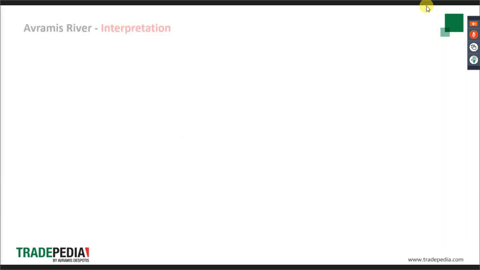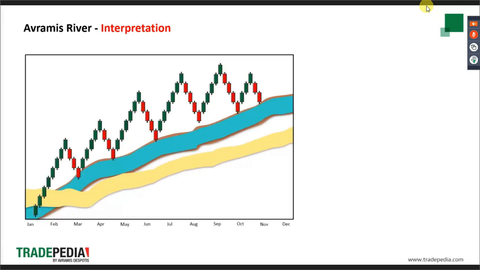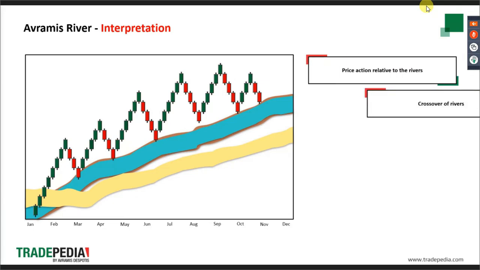All right, so how do we interpret it? All these rivers are based on various moving averages combined with volatility. So while comparing price action with Avramis River, we can use the same technical concepts we use with moving averages.